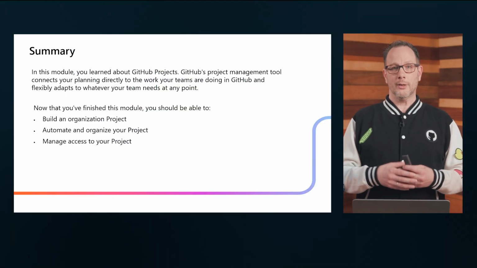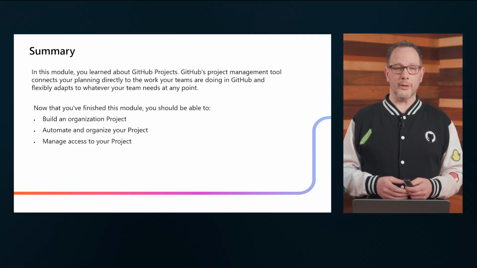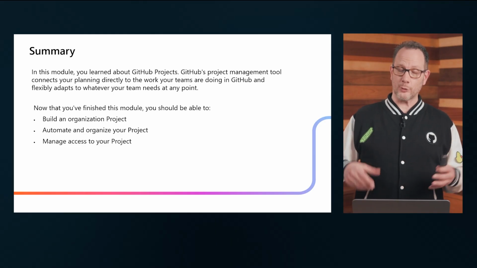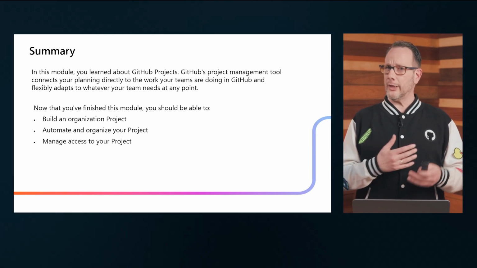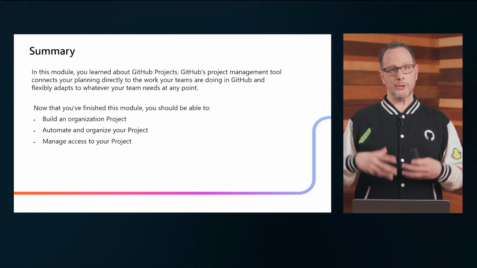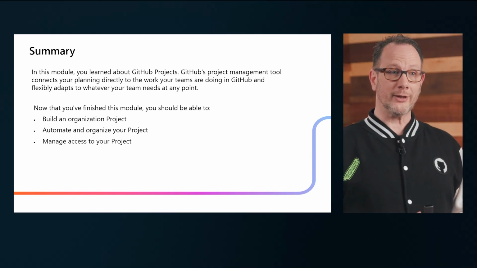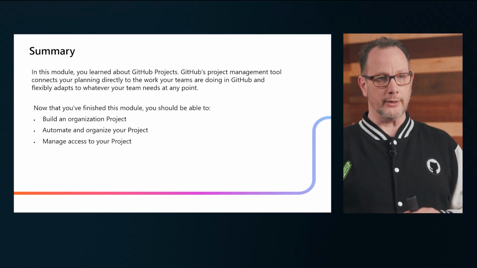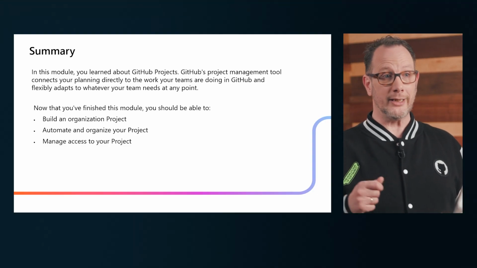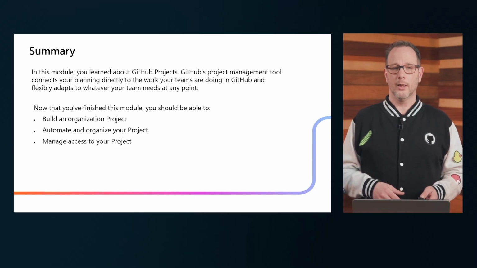To wrap things up, let me recap what you should now feel comfortable doing with GitHub Projects. You've learned how to build as well as customize a project, bring in tasks from your repositories, and set up the structure that makes your work visible and manageable. You've also explored automations, insights, access controls, and a couple of different views that help you adapt projects to a wide range of workflows.